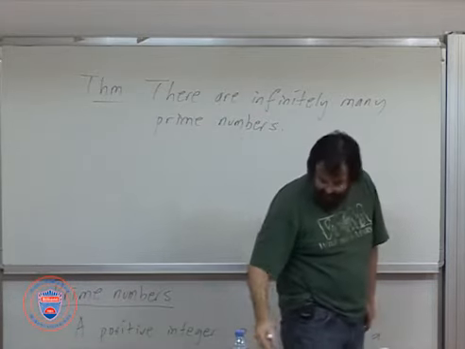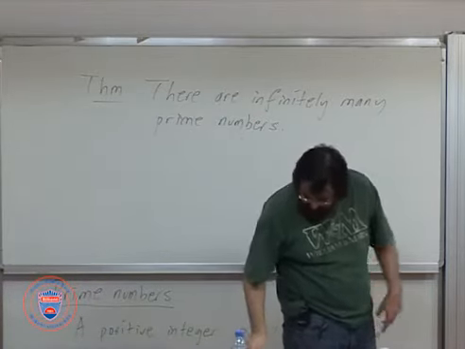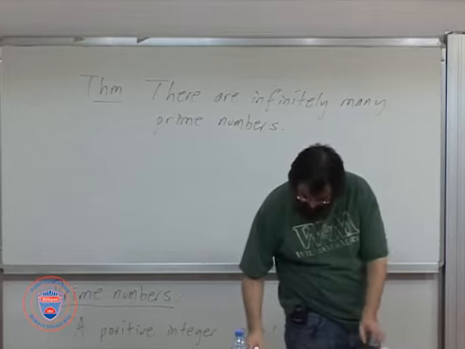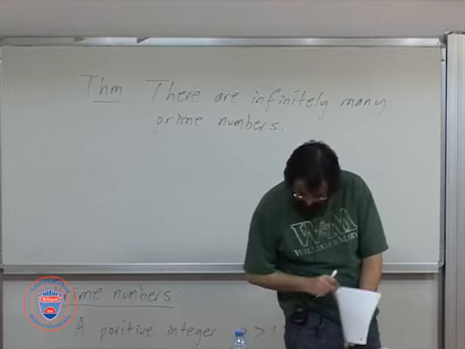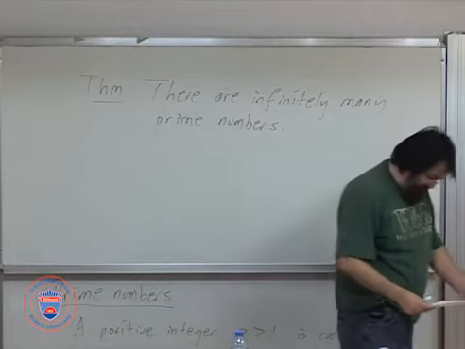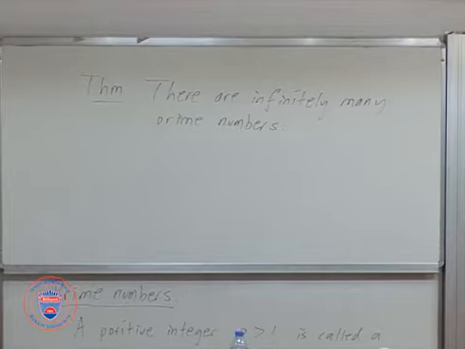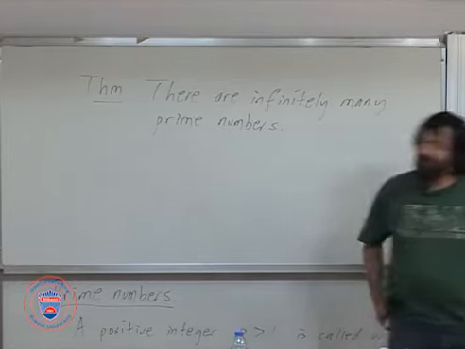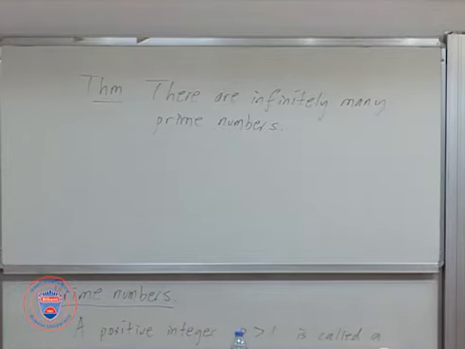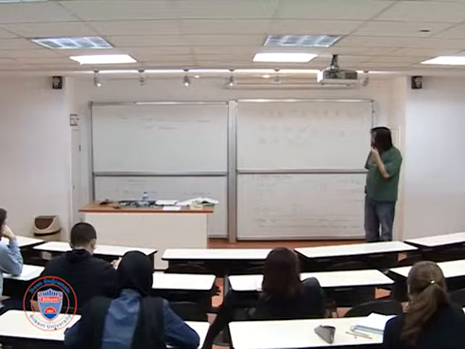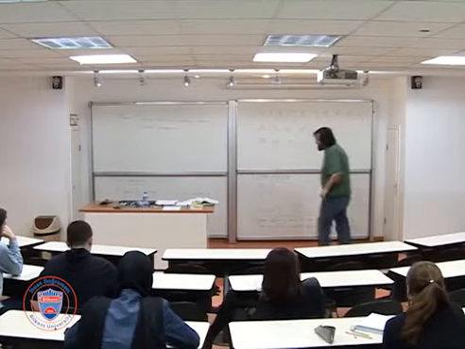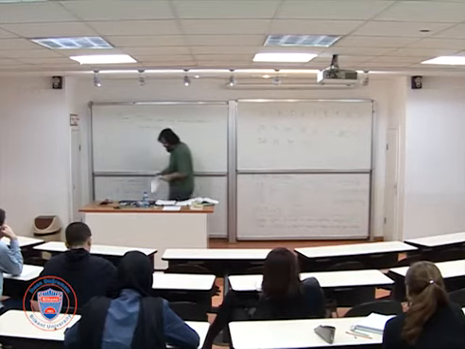There is no limit to the number of prime numbers. I can give you a proof. In the proof, let's assume something and then we give a proof.